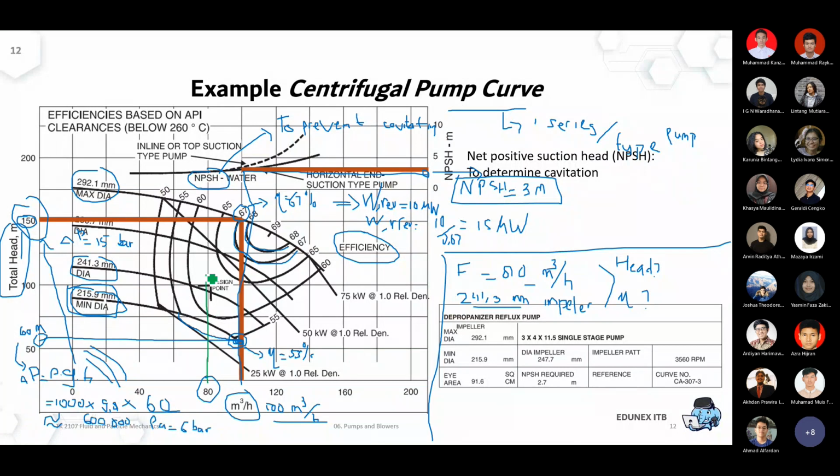So that's our reference flow rate point. And what's the intersection of the impeller size? 241.3, right? So we should match it with the intersection of this one. Okay. So what's the efficiency and what's the head generation?